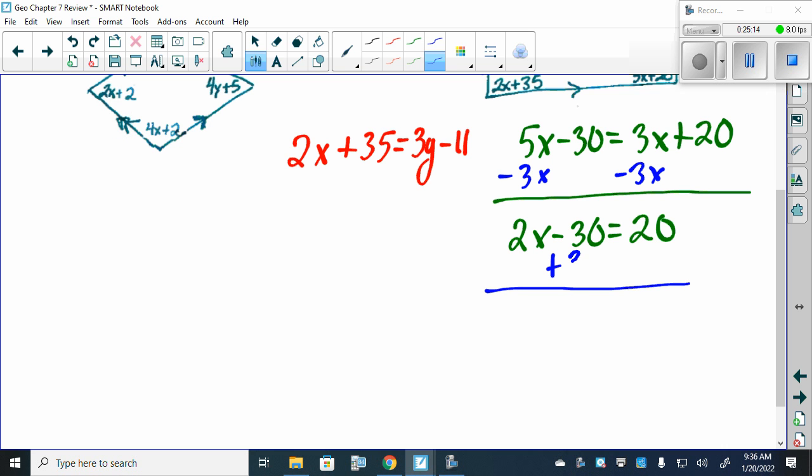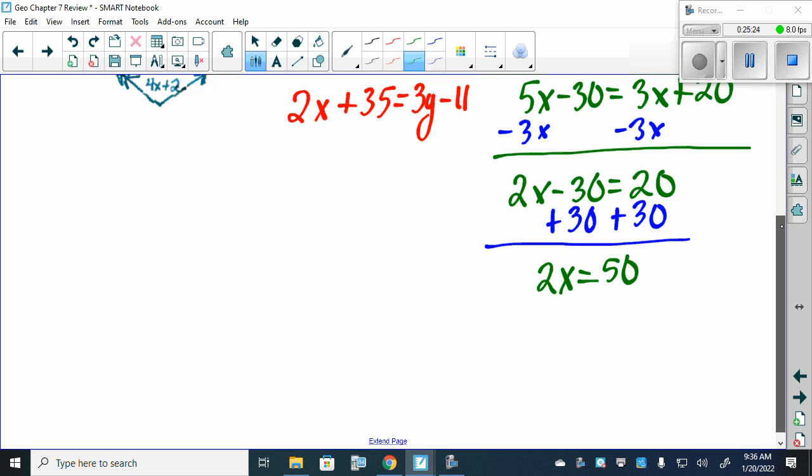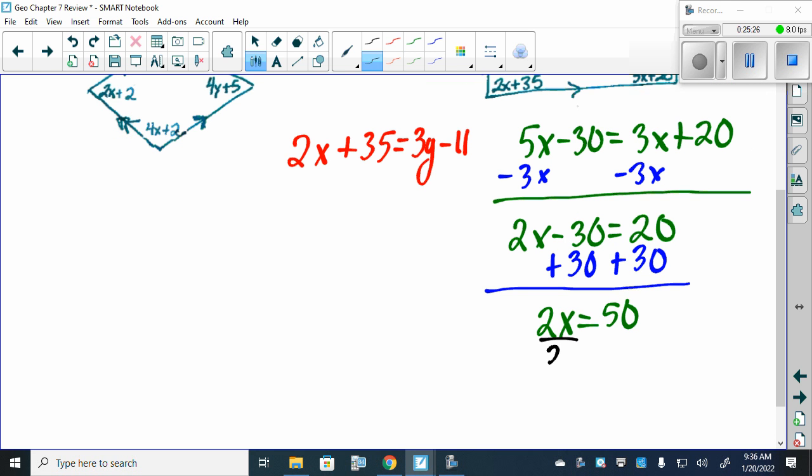Now we can add 30 to both sides, which will tell me that 2x is equal to 50. Divide by 2, telling me x is equal to 25. So we found the value of x, we need to find the value of y.